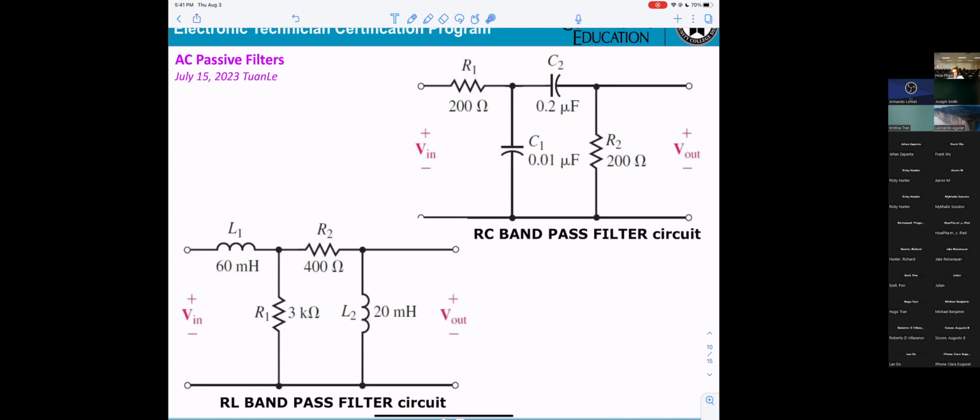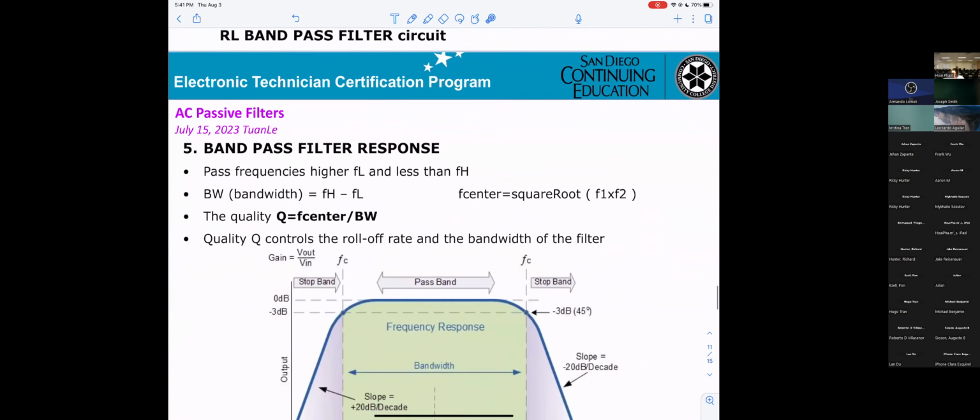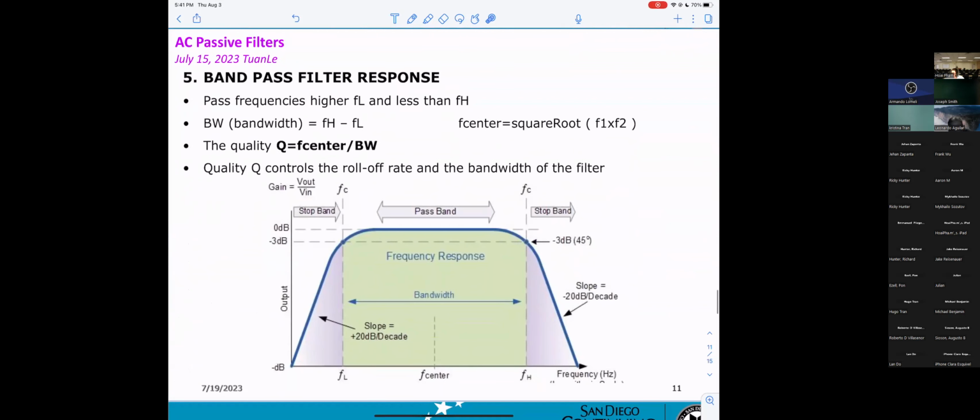The only thing you need to know is what happens for a band pass filter. Band pass filter response: pass frequencies higher than F low and less than F high.